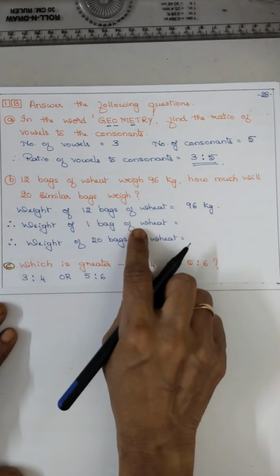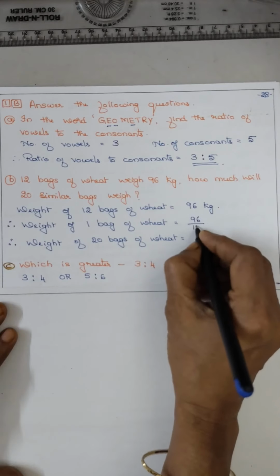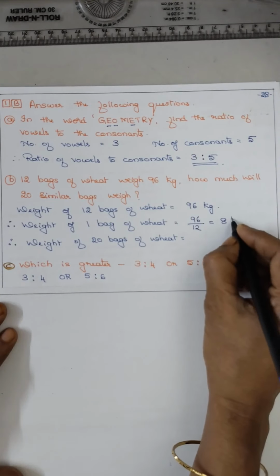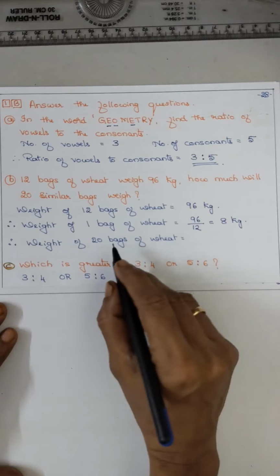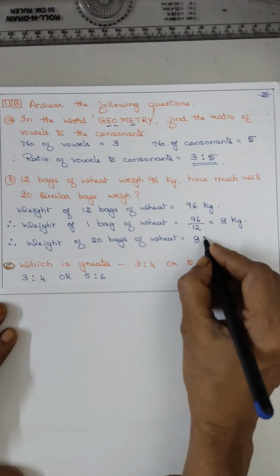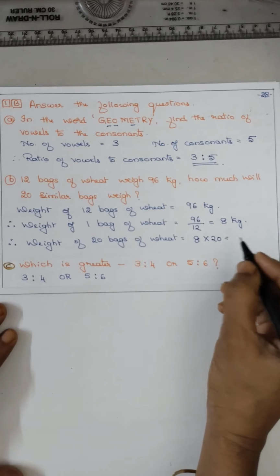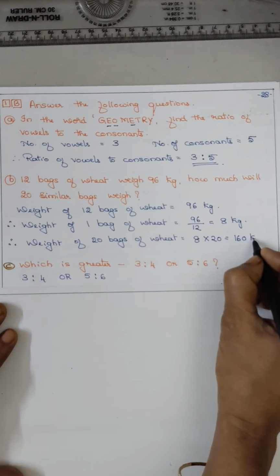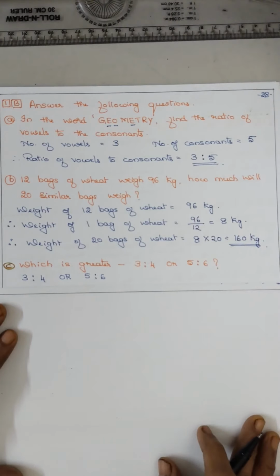Weight of 1 bag, division 96 upon 12, that is 12 8s are 96. Now weight of 20 bags, एक बैग का 8, so 20 bags का कितना? So it is 8 2s are 16 and 0. So the answer is 160 kg.